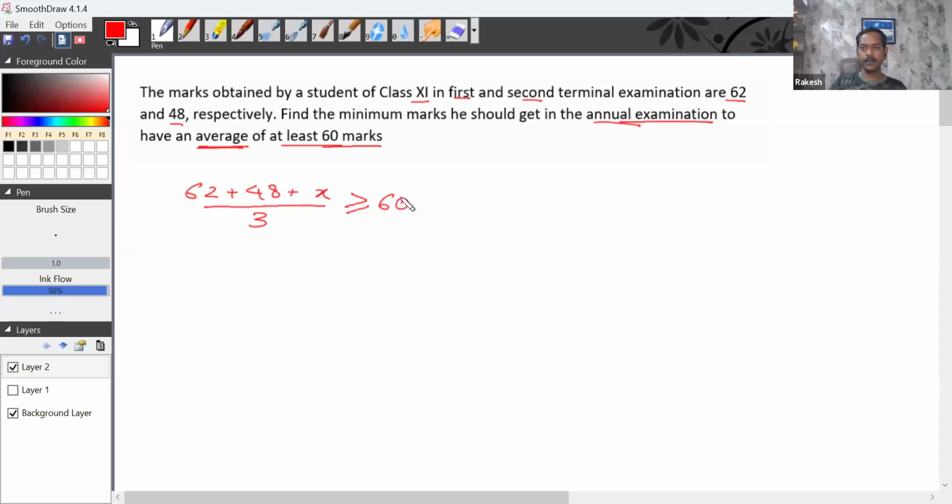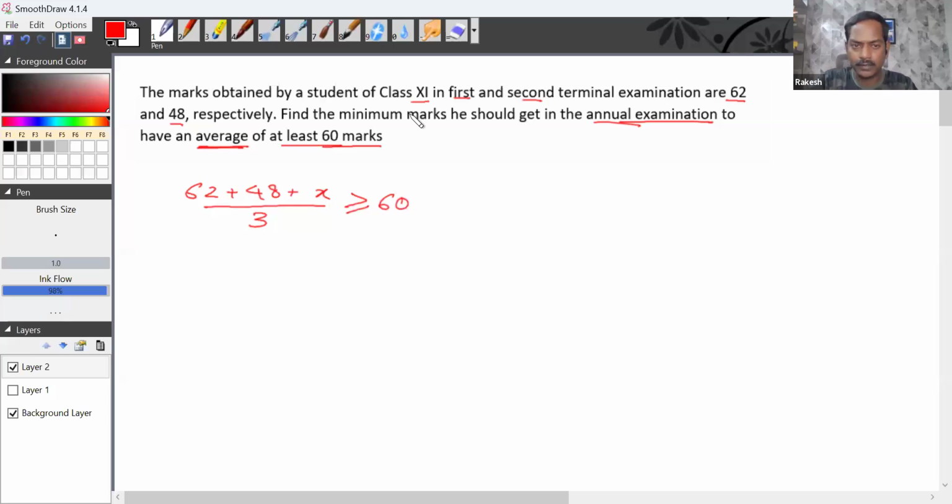At least 60 simply means minimum 60; it should never be less than that. More than 60 is allowed. So the average has to be either 60 or more than 60. How do I represent that statement mathematically? The average has to be greater than or equal to 60. This is the way we are interpreting this condition.